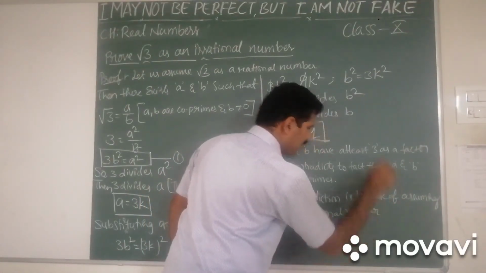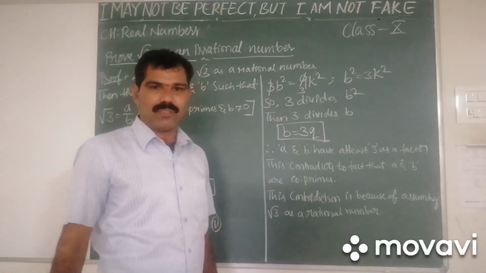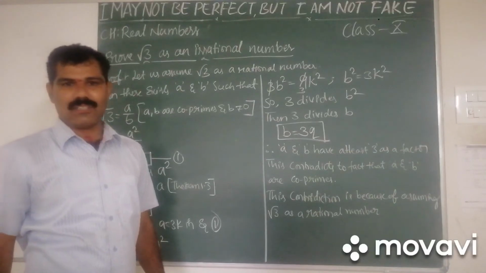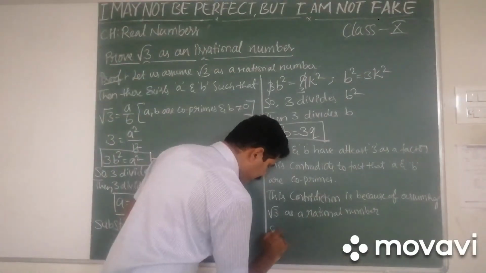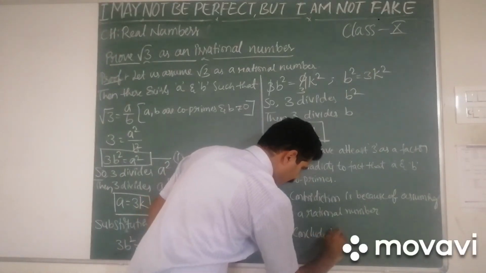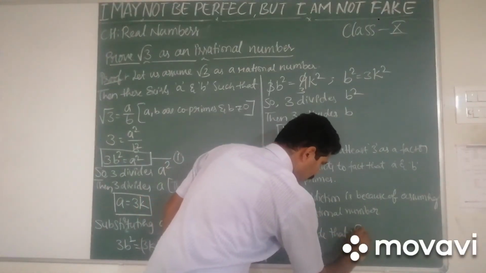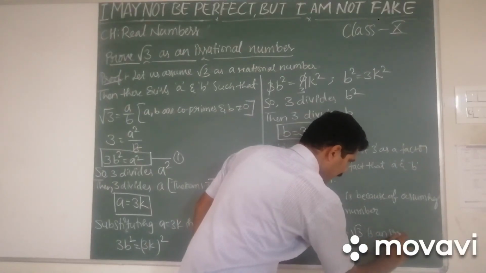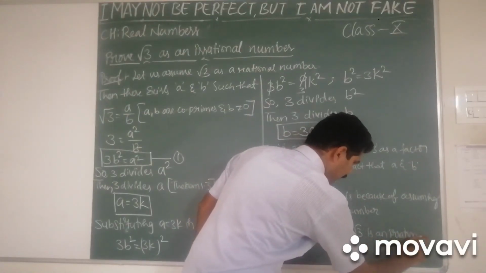So our assumption is wrong. We should not assume root 3 as a rational number. So we conclude that root 3 is an irrational number.